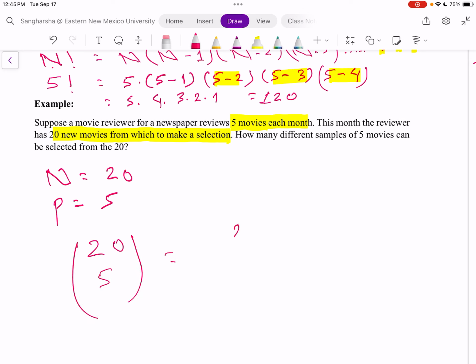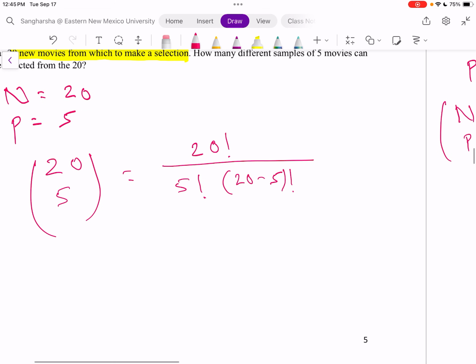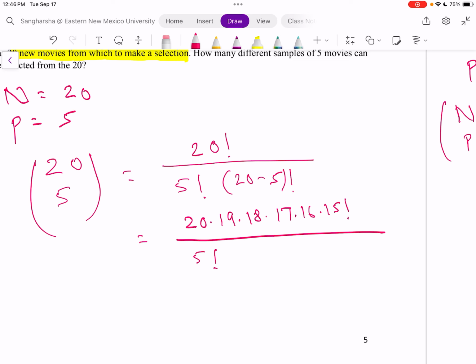So this is 20 factorial divided by 5 factorial times (20 minus 5) factorial. 20 factorial is 20 times 19 times 18 times 17 times 16 times 15 factorial, and you will know the reason here. So this is 5 factorial, and 20 minus 5 is 15 factorial. Now you can cancel this 15 factorial and this 15 factorial.